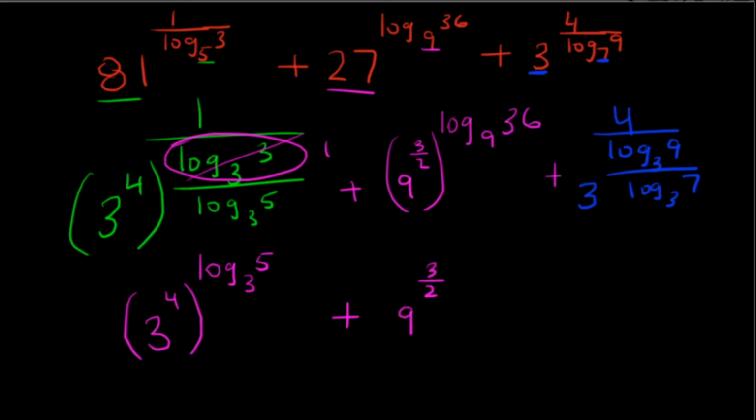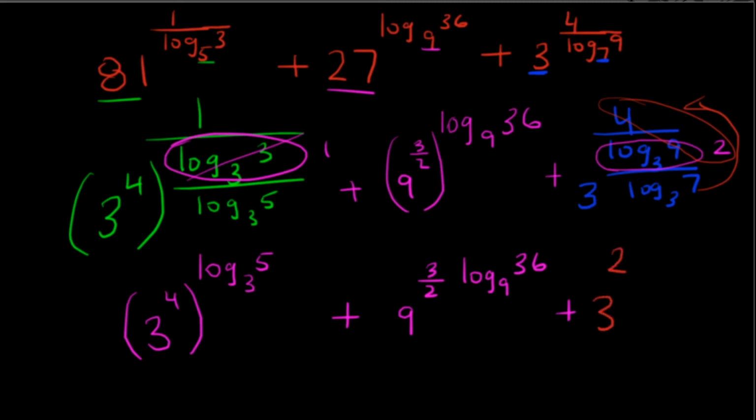So we have 3 halves times log base 9 of 36. And for the last term, log base 3 of 9 is just 2. So that's 4 over 2, which is just 2. And then I'm going to bring the log base 3 of 7 on top. So that's going to be 3, and then 2 log base 3 of 7.